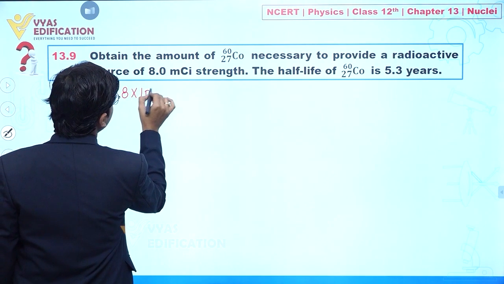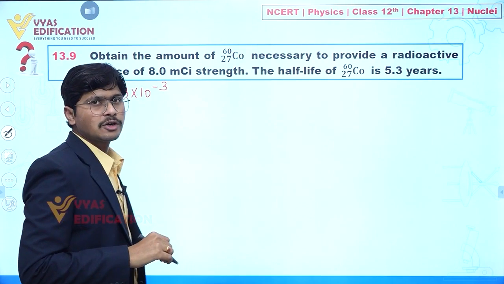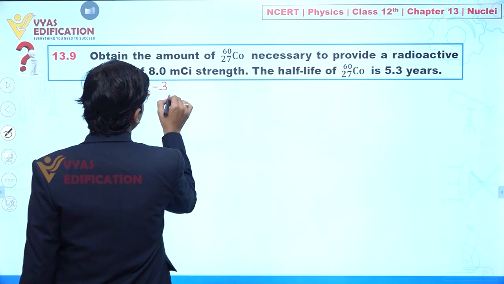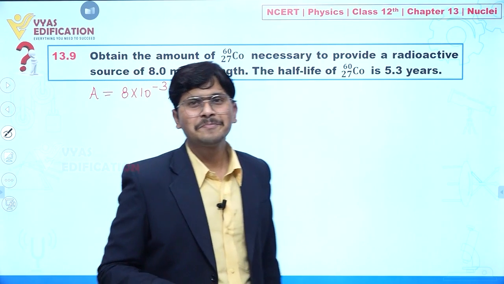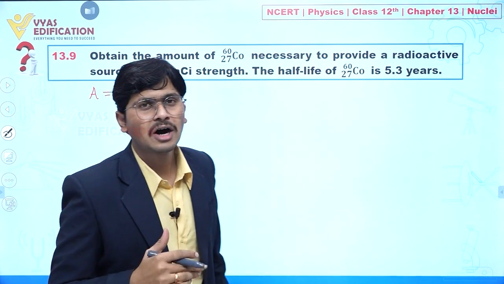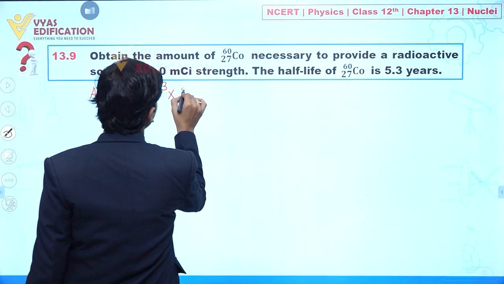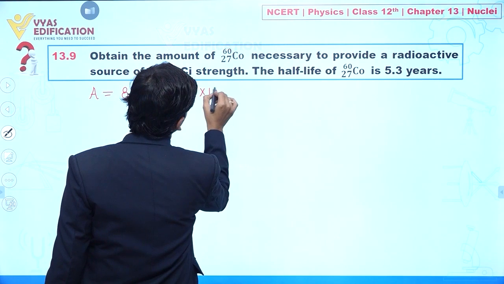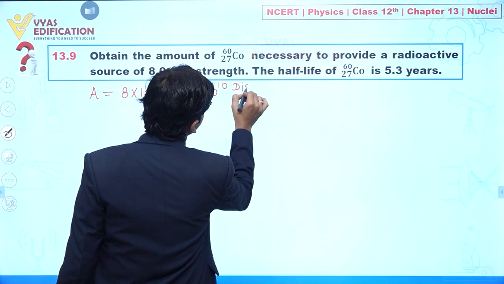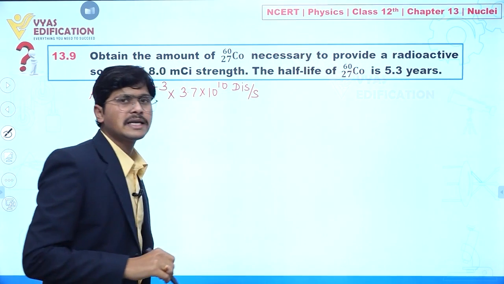So first we can convert this by multiplying with 10 to the power minus 3, and now 1 Ci. Can we say 1 Ci is equal to how many disintegrations per second? Clear? So you can say it will be equal to 3.7 into 10 to the power 10. This is disintegrations per second, or you can say directly becquerel.